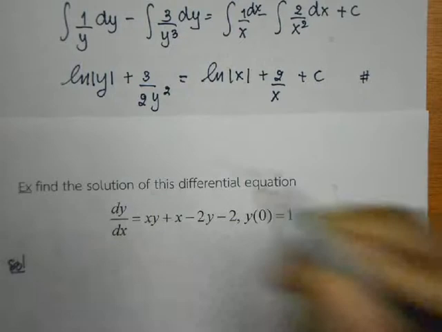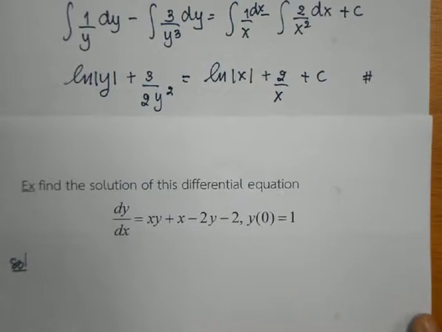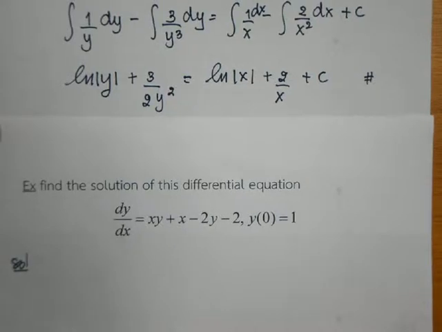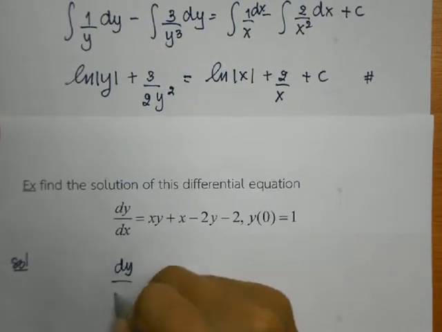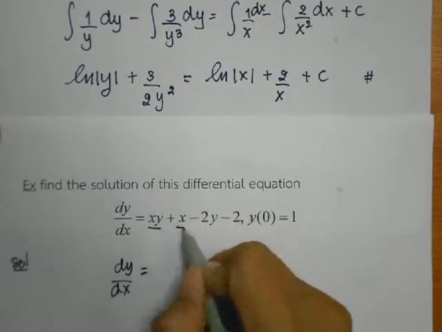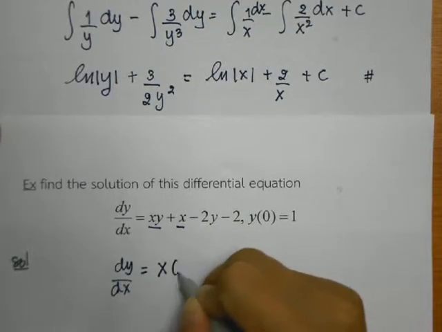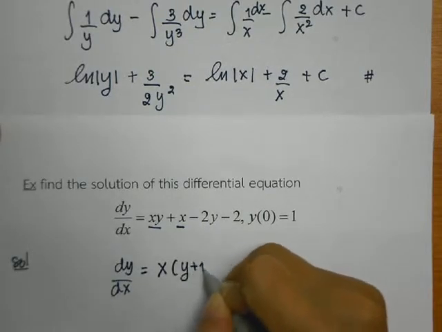If this equation is a separable equation, you've got to rearrange it again. You see this one and this one? They have x, right? You take x out, so you get y plus 1.